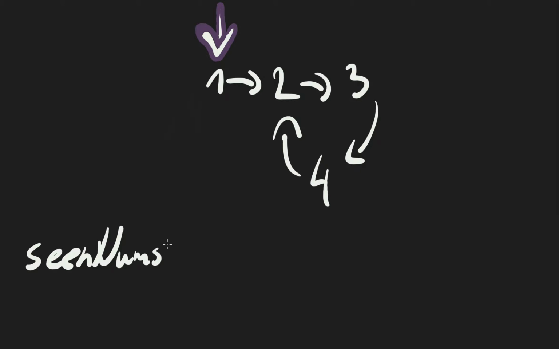We will call this hash set seen nodes. Is 1 inside our hash set? It's not. Let's add it there. Move the pointer forward.